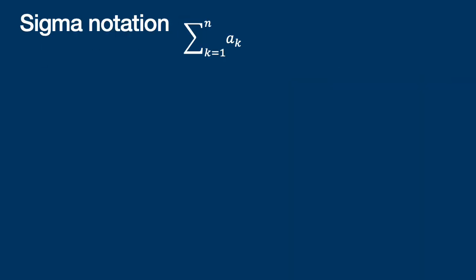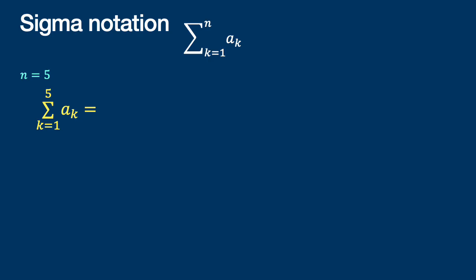Before we introduce the definition of an infinite series, let's briefly introduce sigma notation. Sigma, k equals 1 to n, a_k. What is meant by that, guys? This sigma notation is going to be a sum. So let's say n equals 5: sigma, k starting from 1 to 5, a_k.